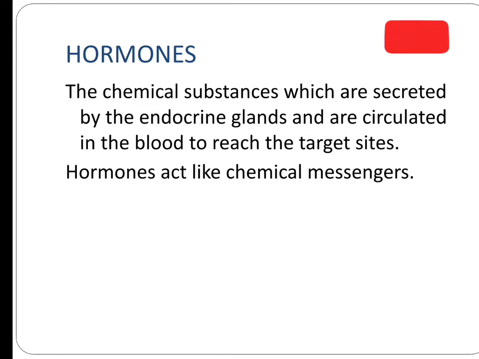Whenever the endocrine glands release the hormones, they are directly circulated in the blood to reach the target sites. So these hormones act like chemical messengers.